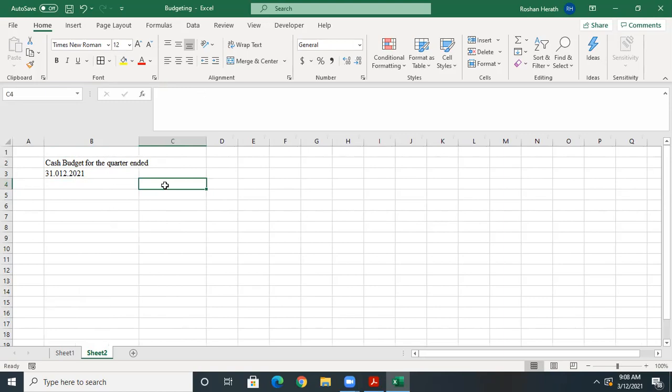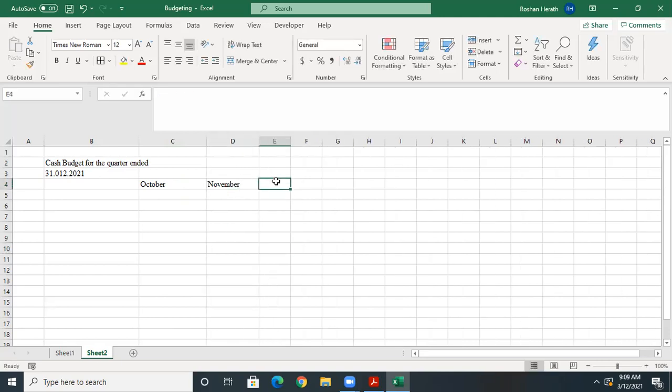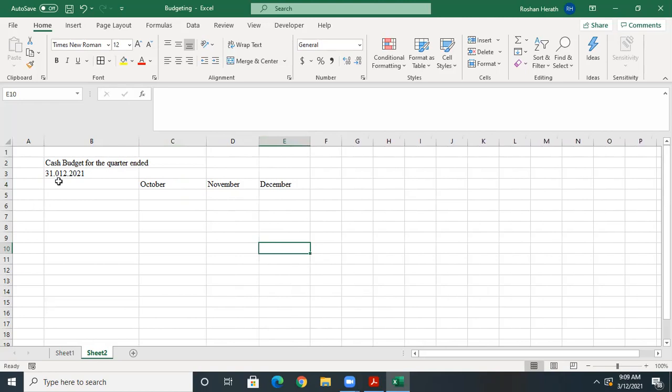When you're preparing a budget, you need to take the time period. It's for October, November, and finally the month of December. So you take the 3 months period.